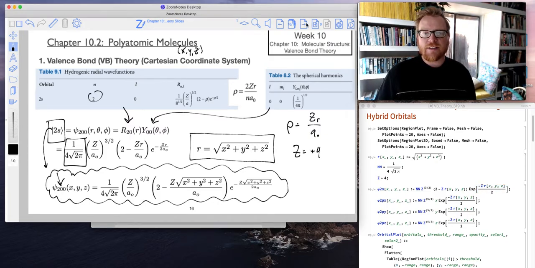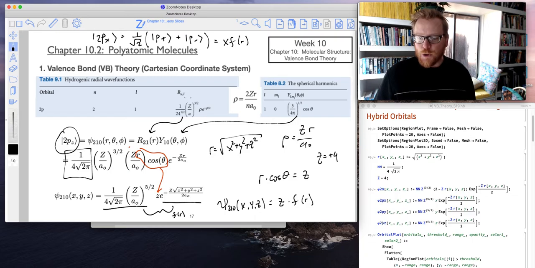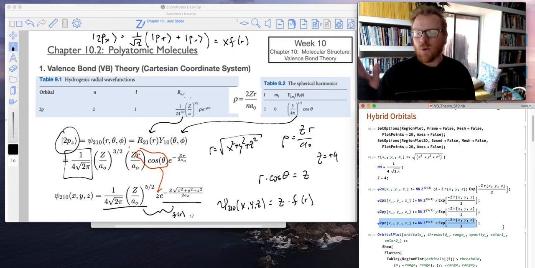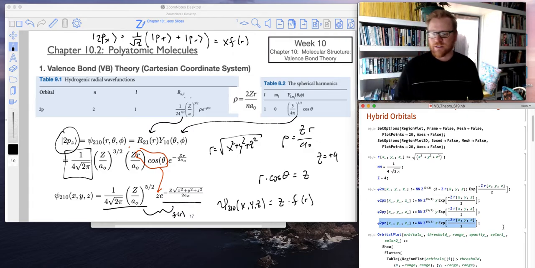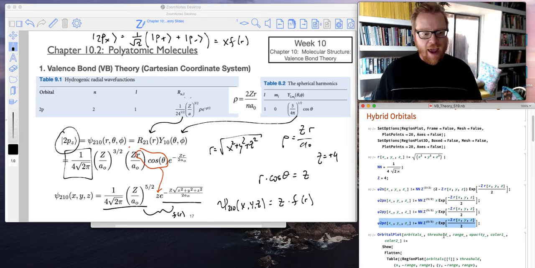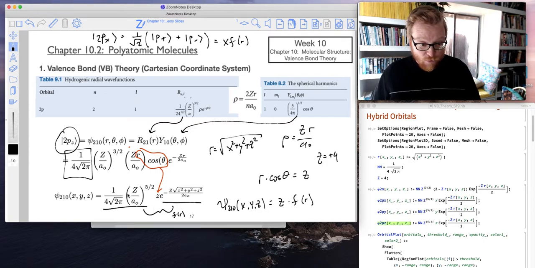And here you can see my 2pz, that example that I worked through. It's the normalization constant, or like half of the normalization constant, if you will, 1 over 4 times root 2 pi. And then there's times the Z to the 5/2 power, because I've got that right there. Again, a, we're just calling it 1 for this exercise.